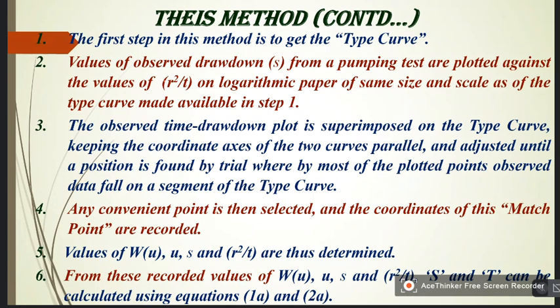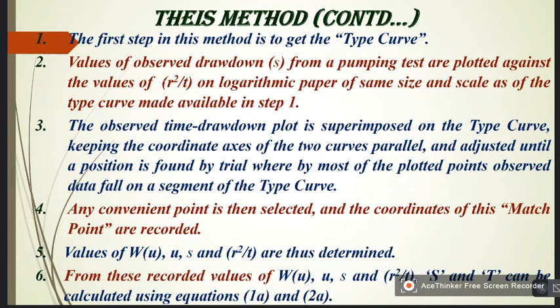So you should keep the x-axis of your field data graph sheet and the x-axis of the type curve parallel. When you keep these two parallel, automatically the y-axis will also be parallel, because the y-axis will be perpendicular to the x-axis. So that you have to keep.